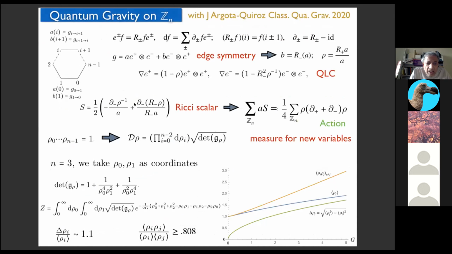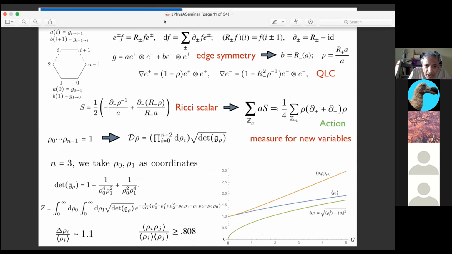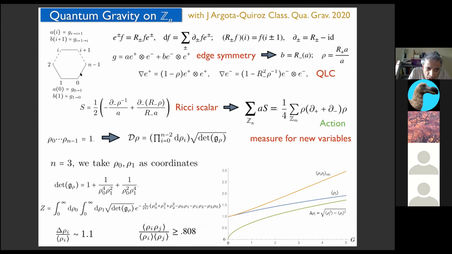Okay. So let me just go through this very, very quickly, just to say the same thing happens if you look at Zn. We have the functions now. The algebra is functions on Zn, and the only difference here is that instead of a central basis, the natural basis is left invariant one forms, since this is a group, relative to the group structure, and these are E plus and E minus.